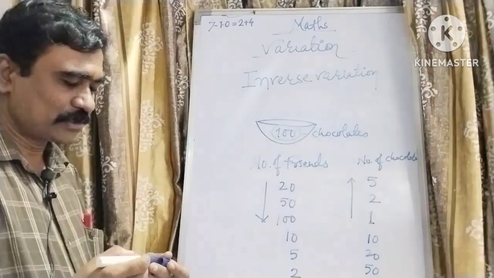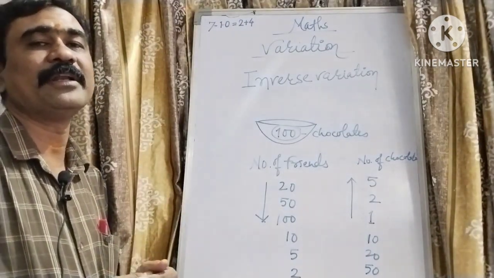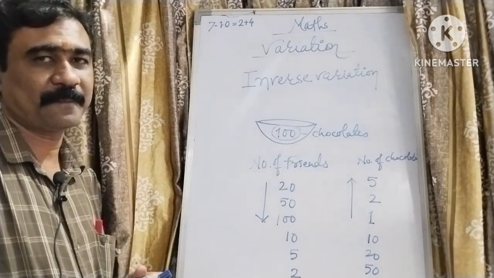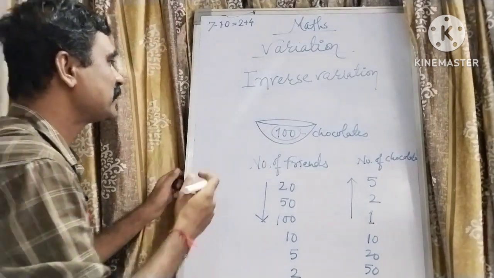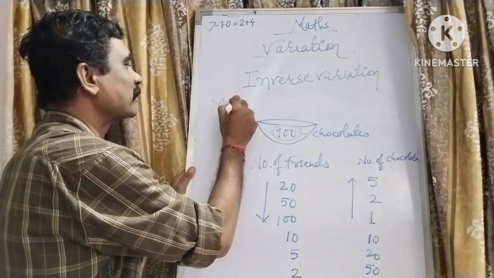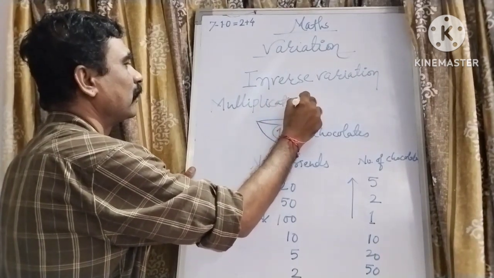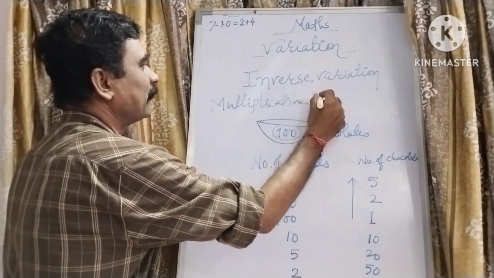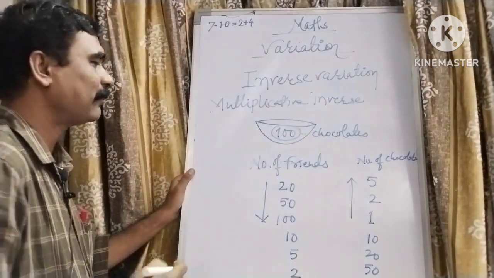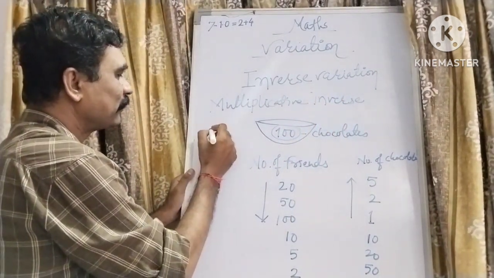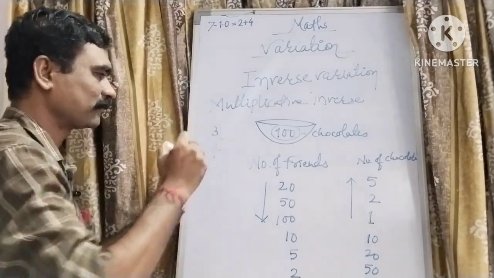Now again we have to see how to show inverse variation between any two quantities. So we know the concept of inverse. We had seen the multiplicative inverse. In a multiplicative inverse, whenever we have to write the multiplicative inverse of any number, what do we do? Suppose we have to write the multiplicative inverse of 3 by 4.